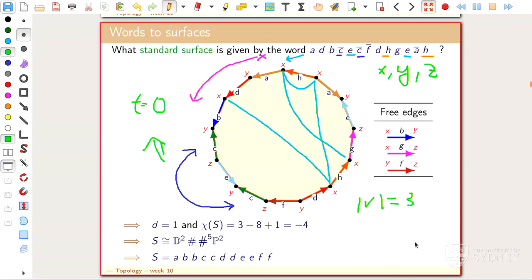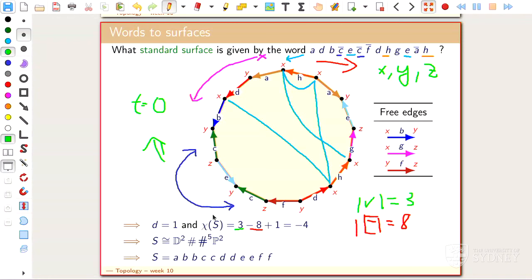Okay. From the word, we can immediately read off the number of edges. Why? Because it's just the number of symbols, and it counts up to H. So A, B, C, D, E, F, G, and H. So if I'm not miscalculating, if you just walk around here, then the number of edges should be 8. So here's 8, here's 3, and the face is always easy, it just stares at you.